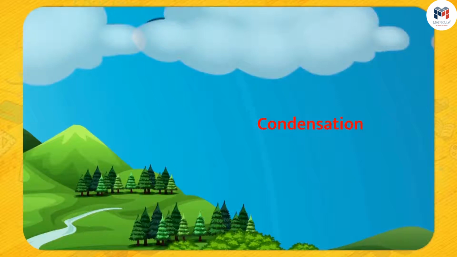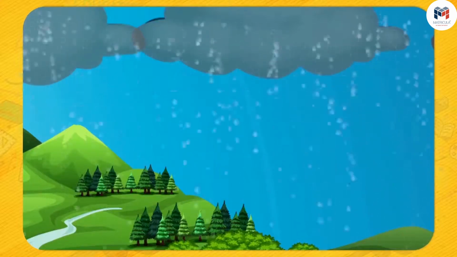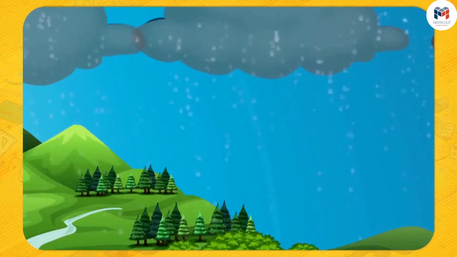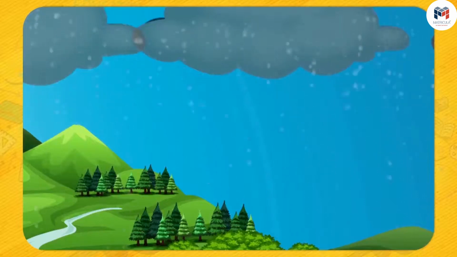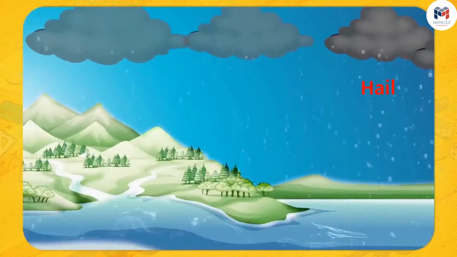Due to continuous condensation, these clouds become heavy and they fall down in the form of water droplets, which we call rain. This process is called precipitation. Sometimes, due to low temperature, precipitation also occurs in the form of snow or hail.